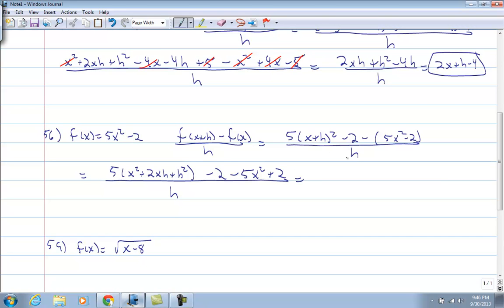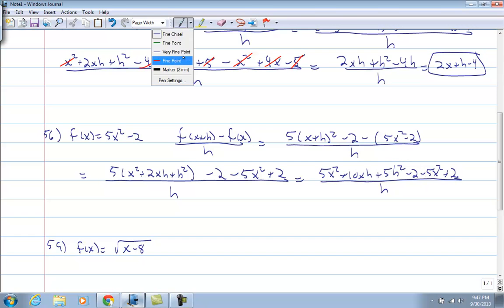So I'll distribute that: 5x squared plus 10xh plus 5h squared minus 2 minus 5x squared plus 2 all divided by h.